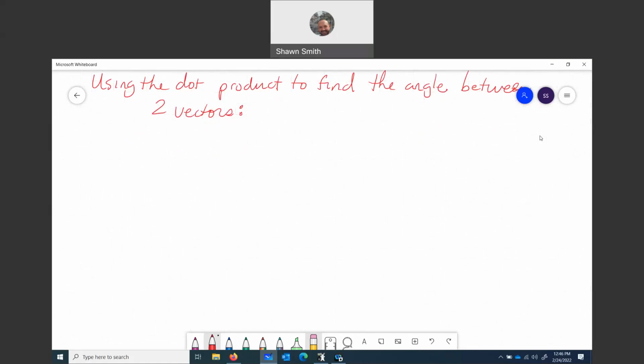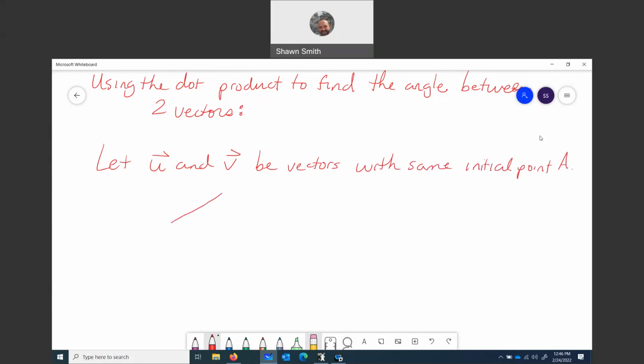All right, so we're gonna say let u and v be vectors with same initial point A. So if we draw that picture, let's see, this point A, and say it's going that direction. This is vector u, and this is vector v.